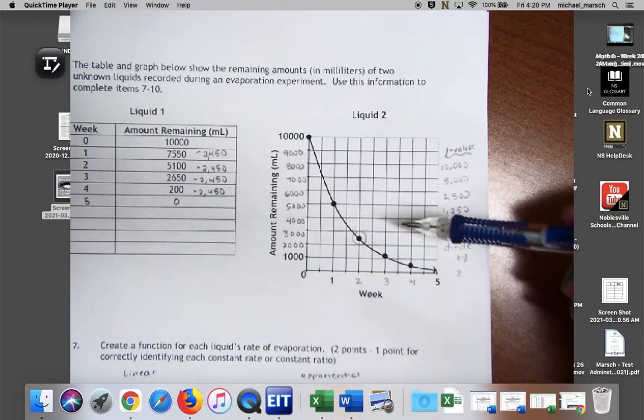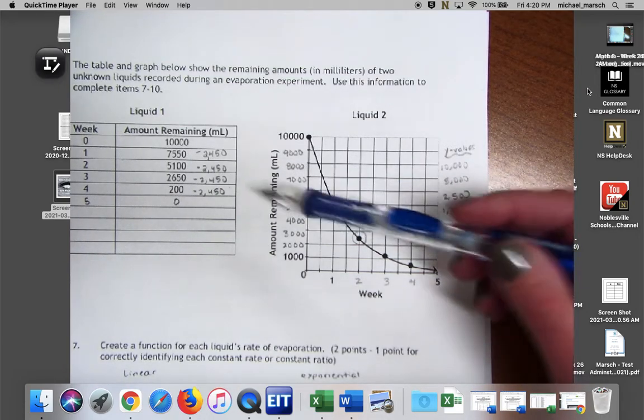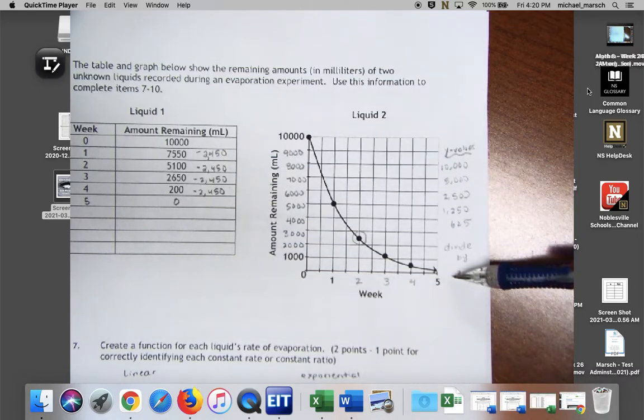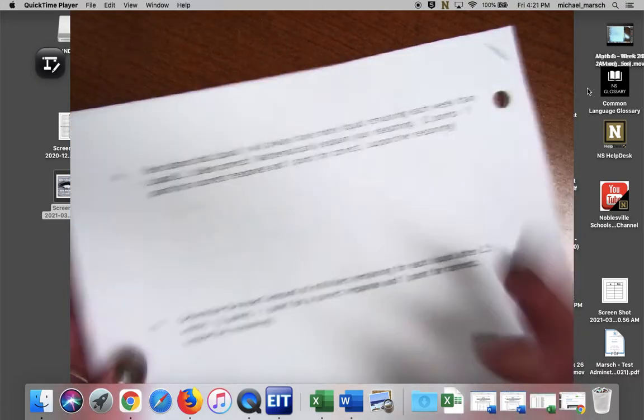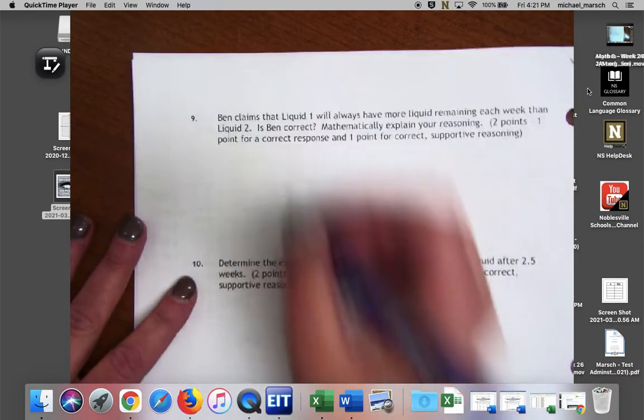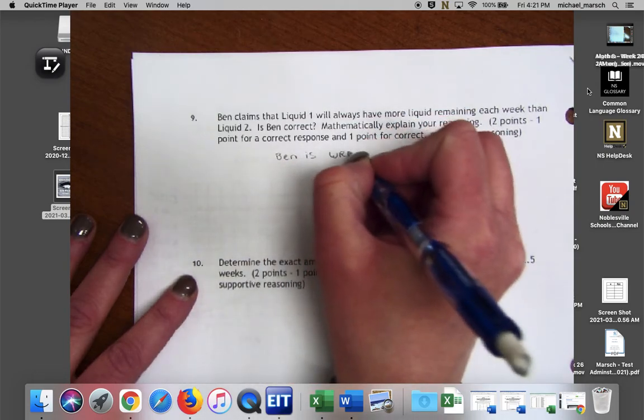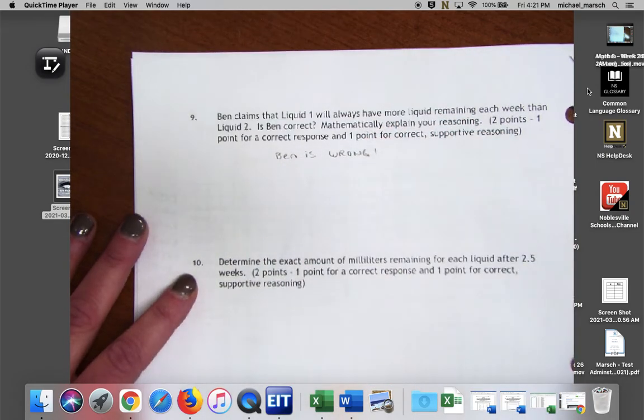So Ben's claim is incorrect because liquid 1 will eventually run out, whereas liquid 2 will continue to have smaller and smaller microscopic amounts. So our answer is Ben is wrong. I'm going to put that in all caps. Sorry, Ben.